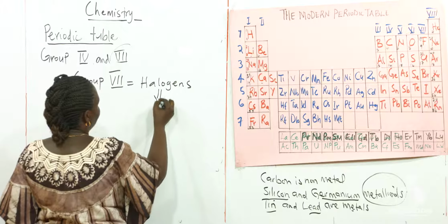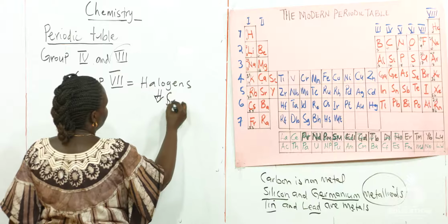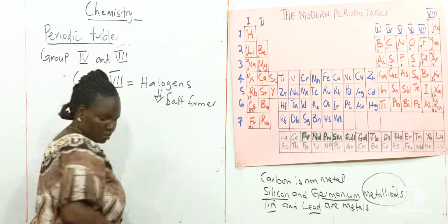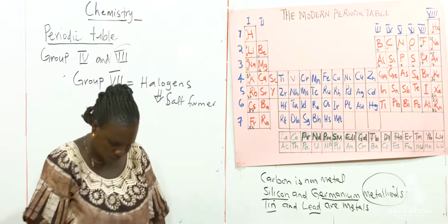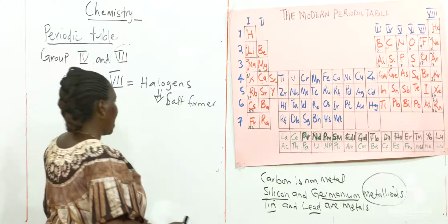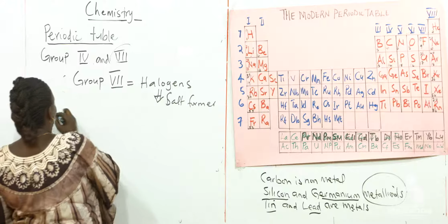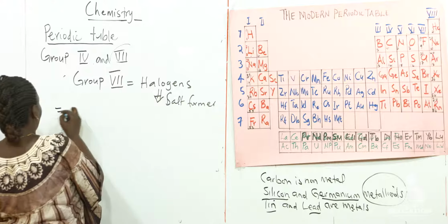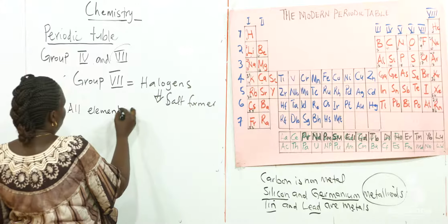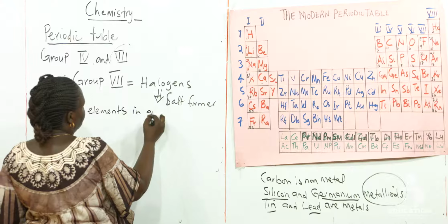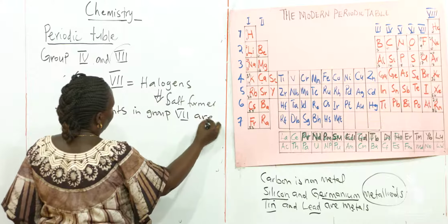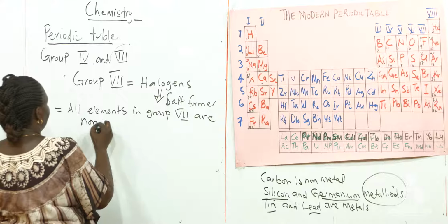And halogen means salt former. They form salts. So all elements in group 7 are non-metals.